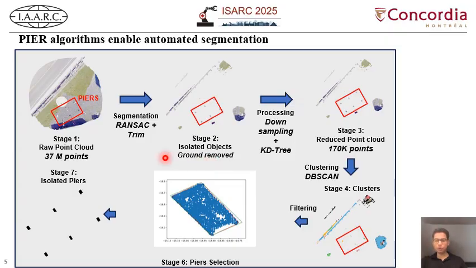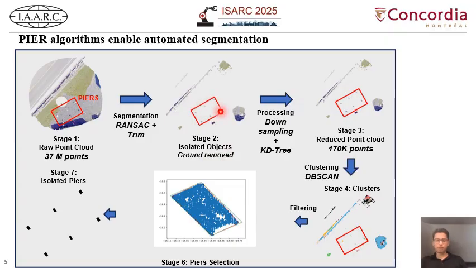To do so, we use a RANSAC algorithm, which is a famous algorithm to identify the dominant plane in a 3D point cloud. And in addition to RANSAC to identify the ground, we have a trimming process where we just remove everything above the scanner because we know obviously it's not going to be the piers. So with this, we end up with this point cloud and our piers that are just here.